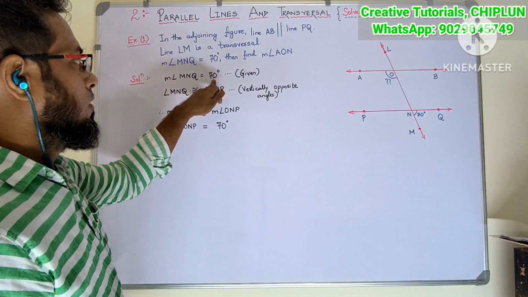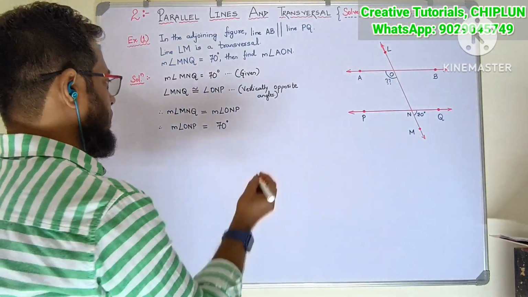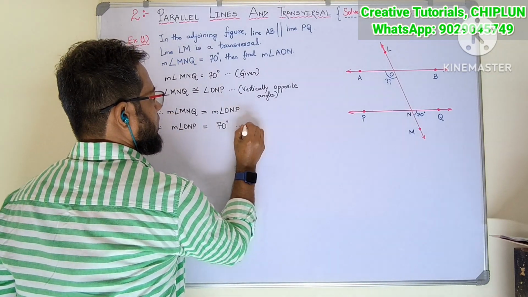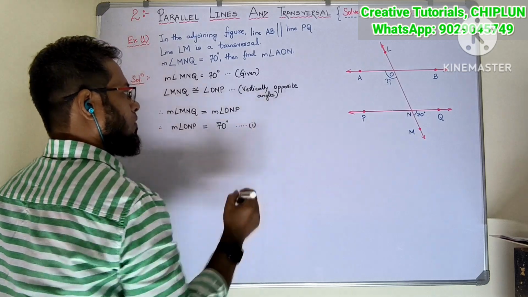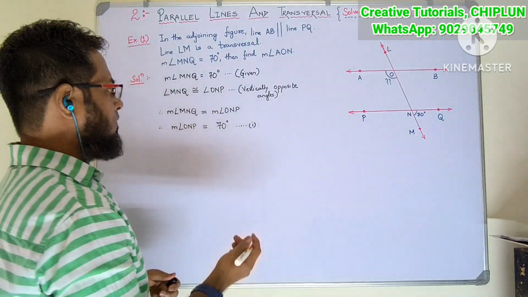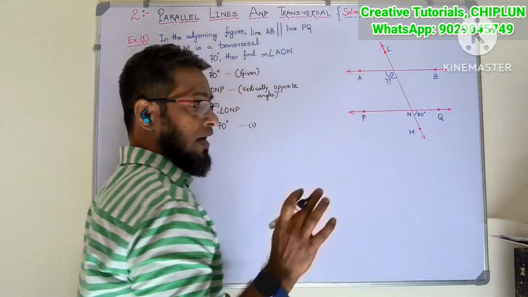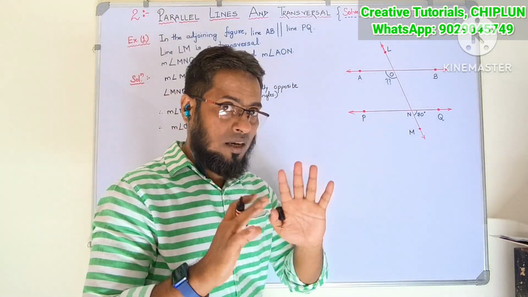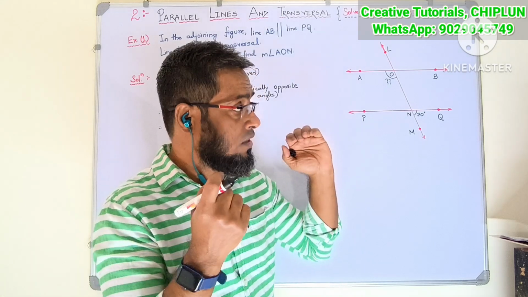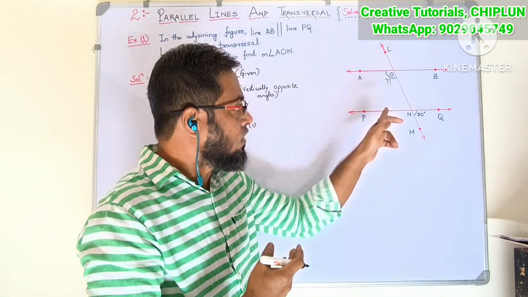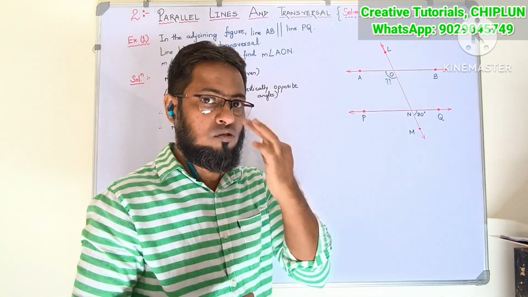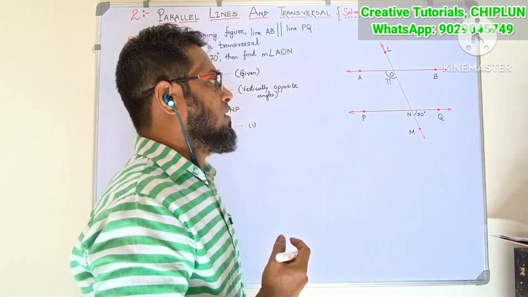You see here, 70 degrees. Now you can say that, let this be statement number 1 if you want. All right, so what we have done is we have found the measure of angle ONP. Actually ONP is not asked to us right now, but as per the design of the question, we need to find the measure of this angle. Why? You will just come to know.